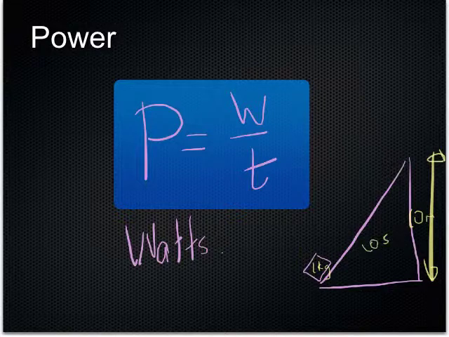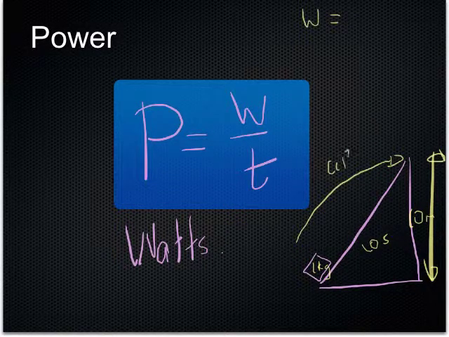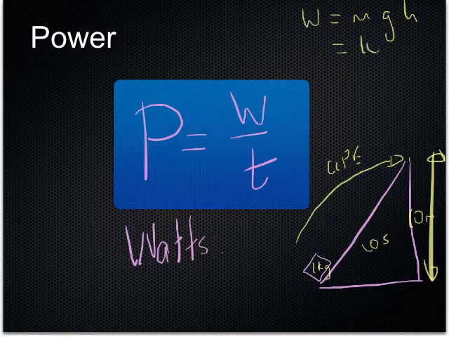So let's first work out the work. So what's the work done? Well, the work done is converting some energy into gravitational potential energy at the top. So what is the gravitational potential energy? Well, it's just mgh.